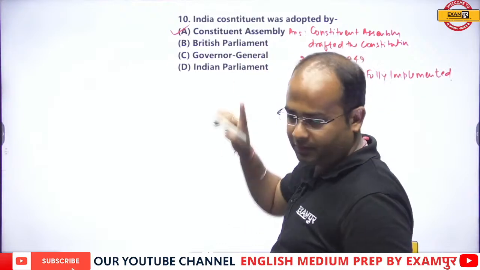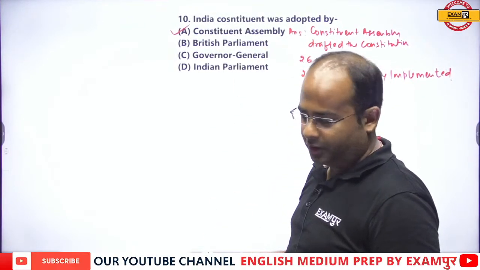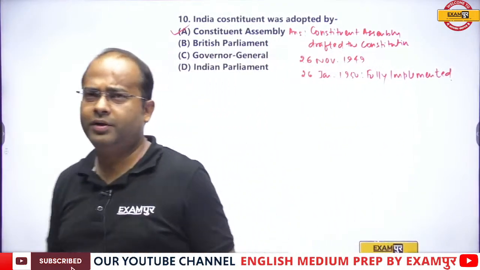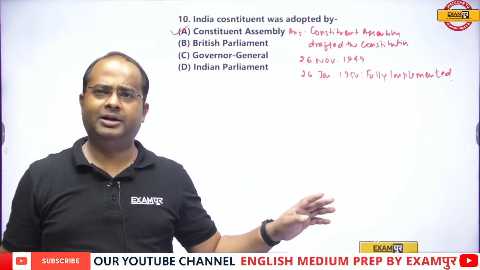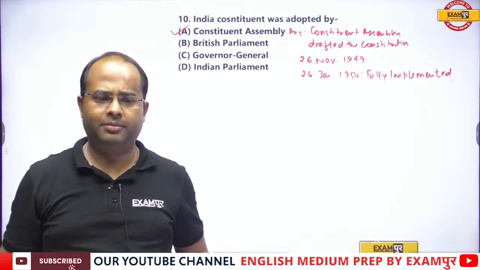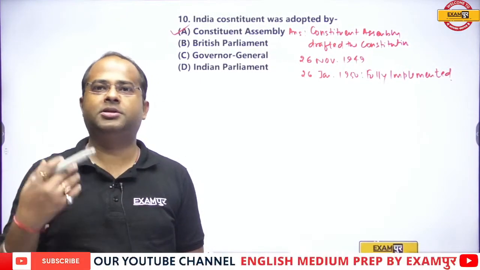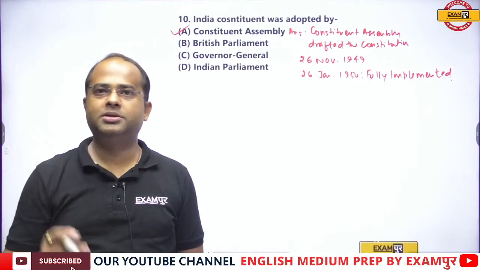So the correct answer will be, guys, Constituent Assembly. What will be the purpose of the British Parliament? Through the Indian Independence Act, they declared that India and Pakistan would be 2 separate dominions. So the question is easy, you all know the answer, but the language is confusing.